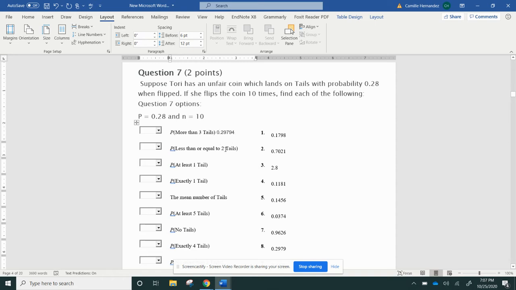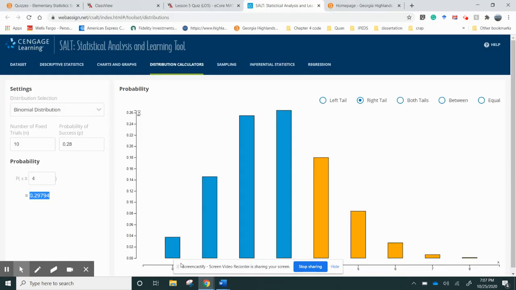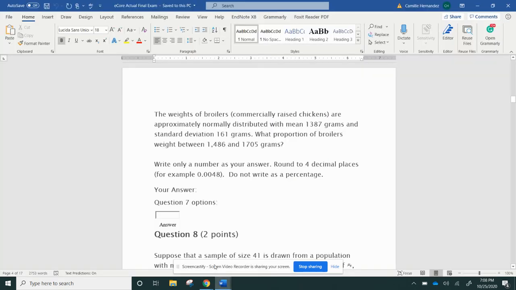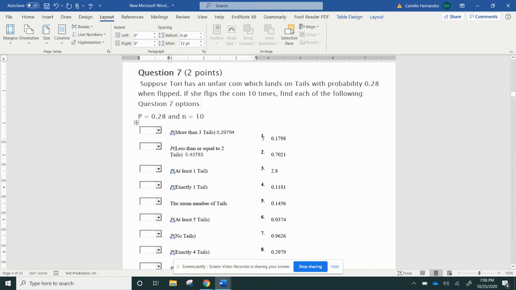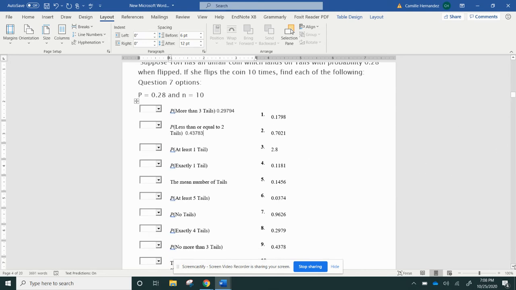Okay, so then the next one, less than or equal to 2 tails. So I go back to SALT, then I'm going to do the left tail. Less than or equal to 2 tails, that's what I get. Why did I change it? Because it said less than, so that's the same as saying left-tailed. Let's put this here. Eventually what you're going to do is match them all up with each other to make sure that you get the right answers.